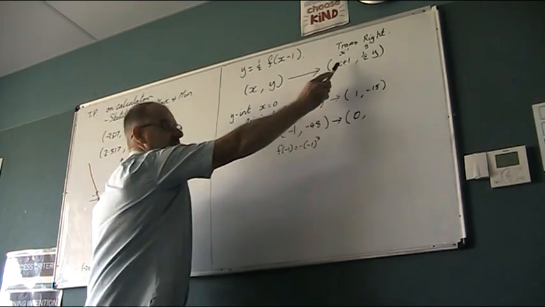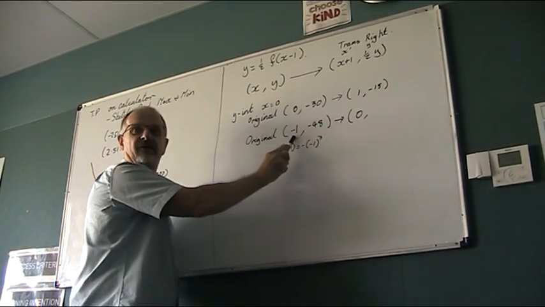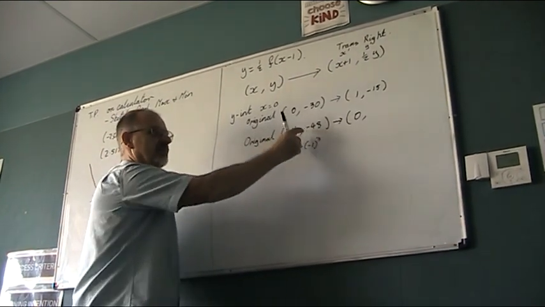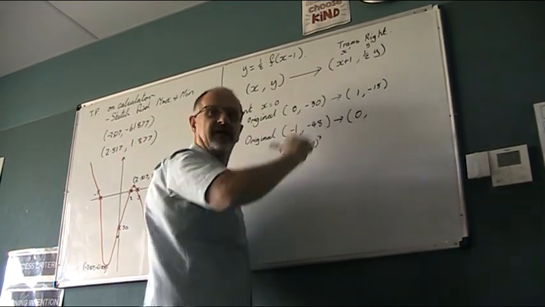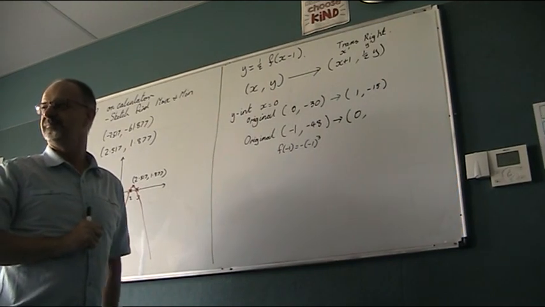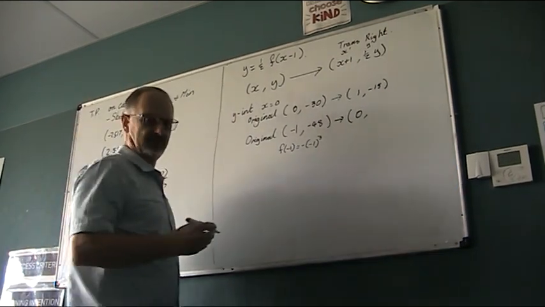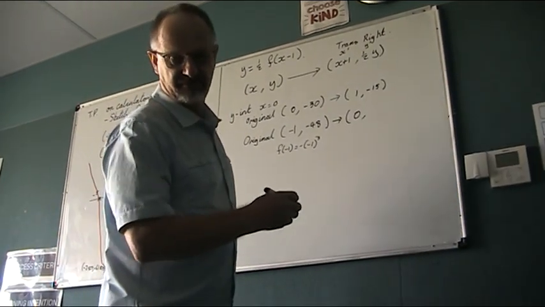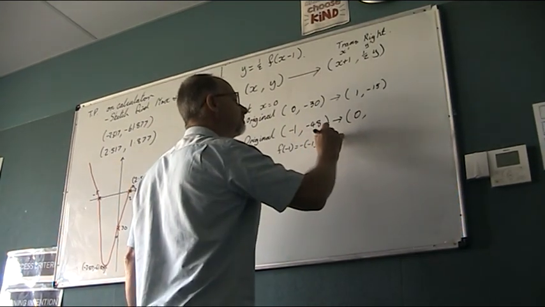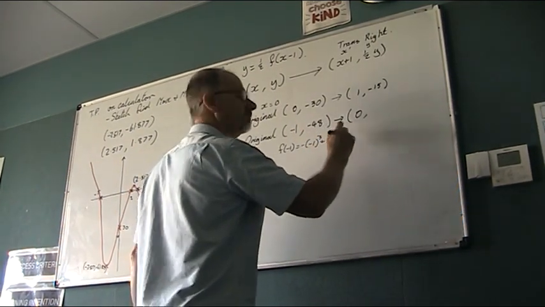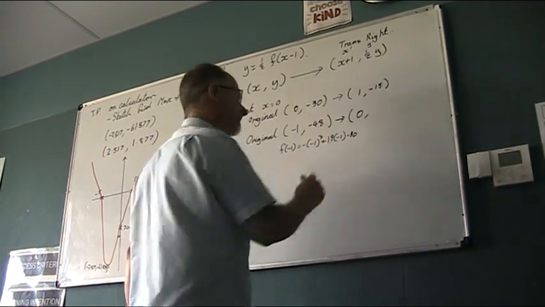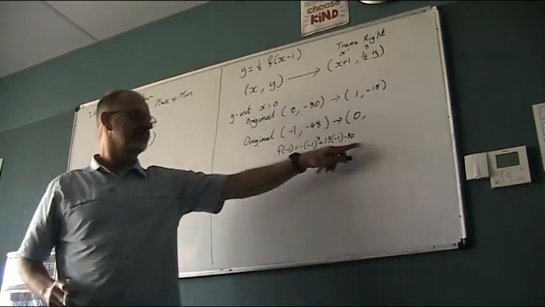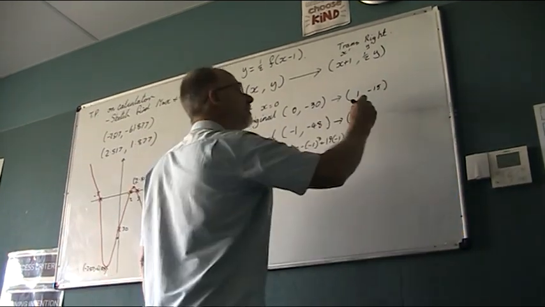So the point that was negative 48 is going to be moved across, dilated, and that's going to be our new intercept. It's half of 48, so if you put that in, you get negative 48, so negative 24.